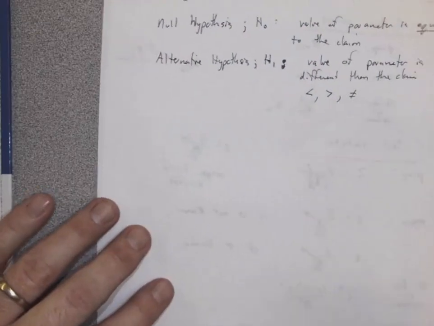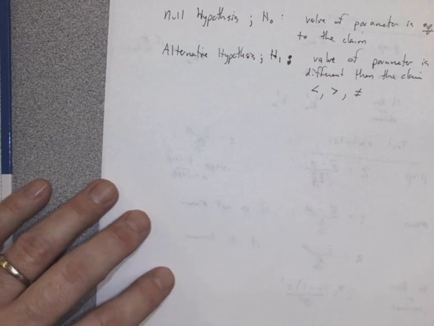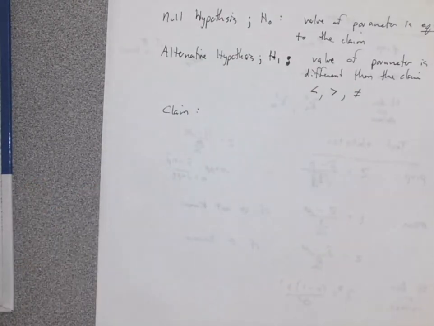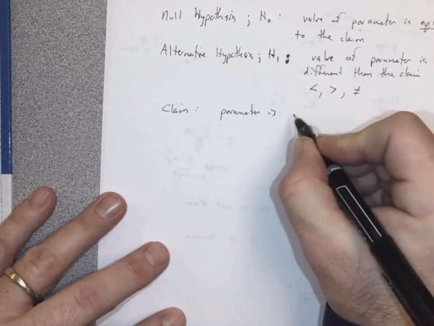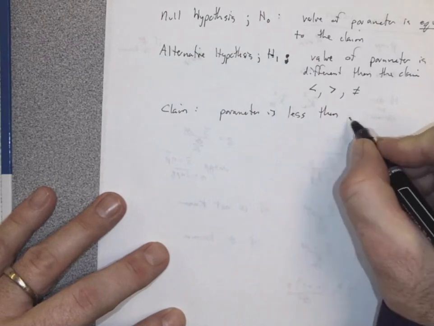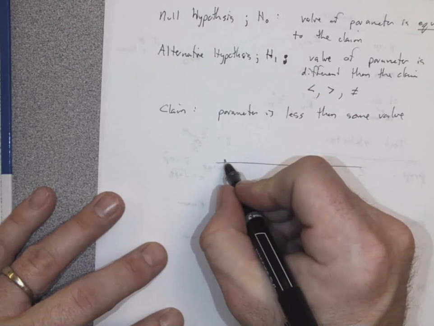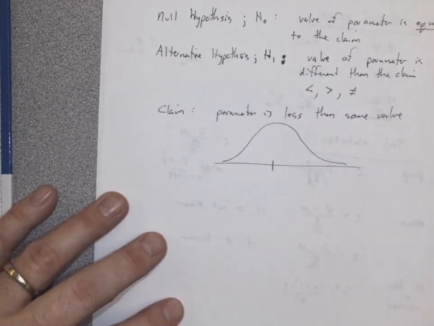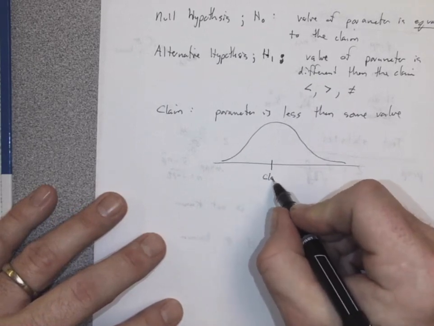So, one-tailed versus two-tailed. We have a left-tailed, a right-tailed, and a two-tailed test. If the claim is about less than, if the claim is that our parameter is less than some value, then this value right here is going to be our claim.